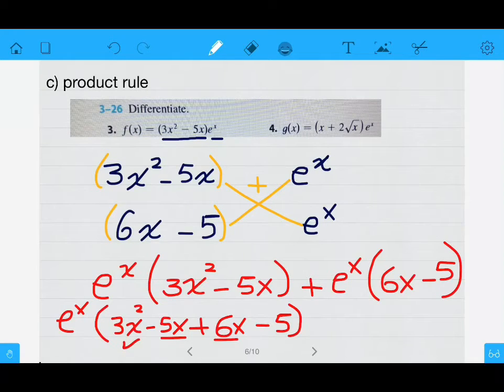Here and here we have the same. That we have e^x, open the brackets, 3x squared plus x minus 5. This is the rule for the product.